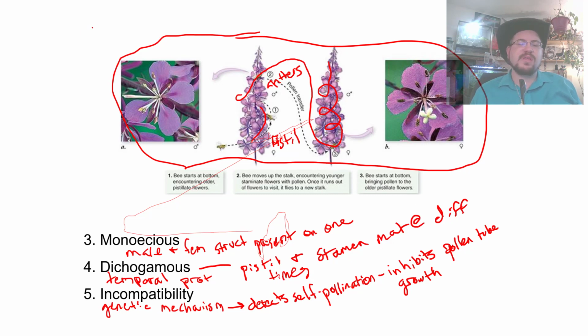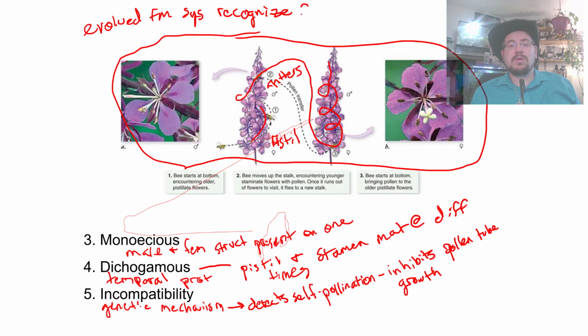Probably evolved from systems that recognized foreign incompatible pollen. So, incompatible pollen from plants that are in different species. So, from systems that recognize foreign pollen. So that's pretty cool.